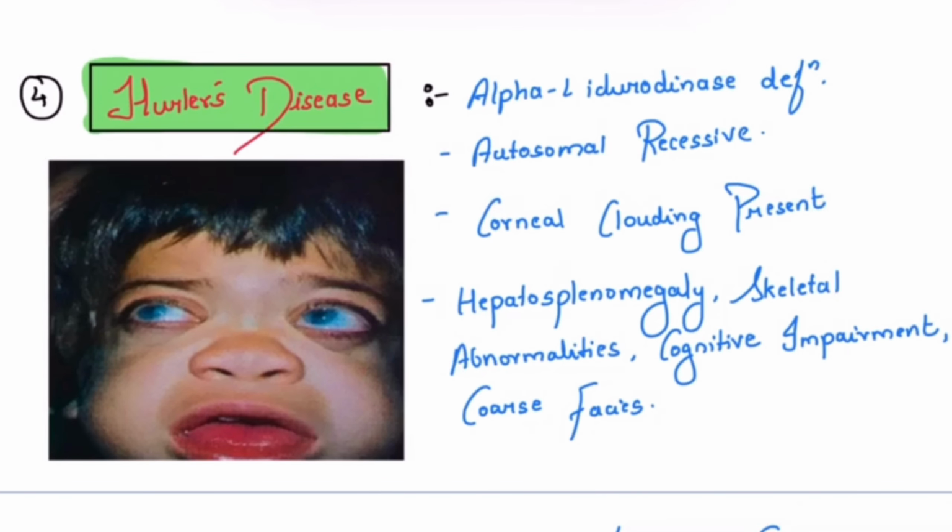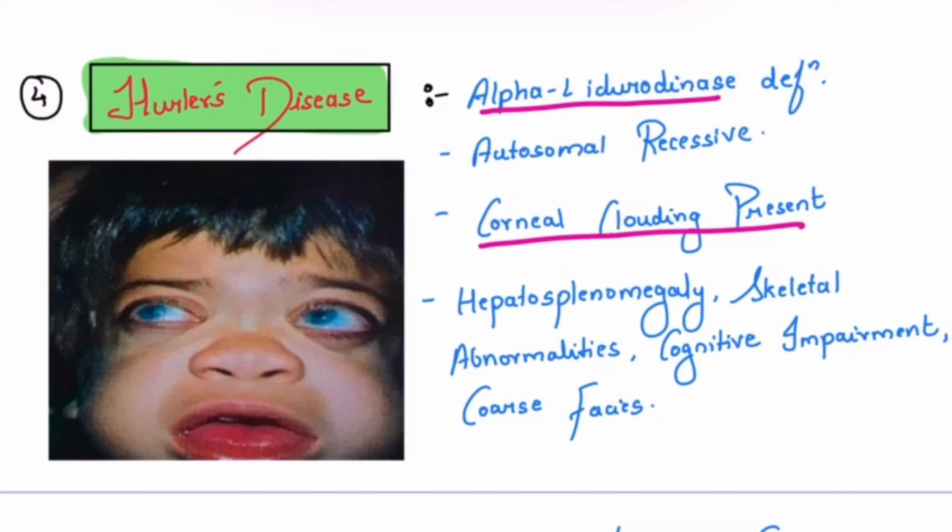So the next disease is Hurler's disease. There is deficiency of alpha-L-iduronidase. It is autosomal recessive and there is corneal clouding present. Hepatosplenomegaly, skeletal abnormalities and cognitive impairment, and there are coarse faces.